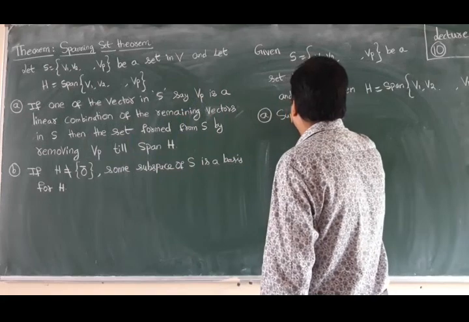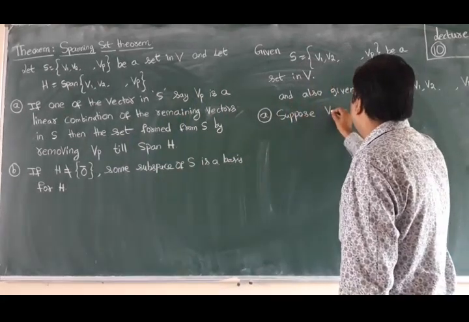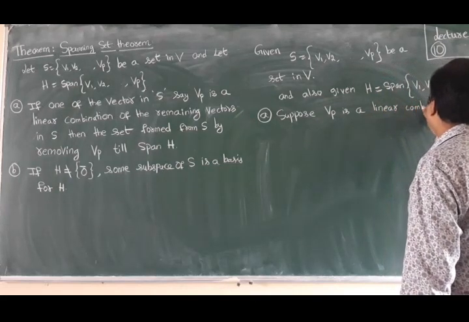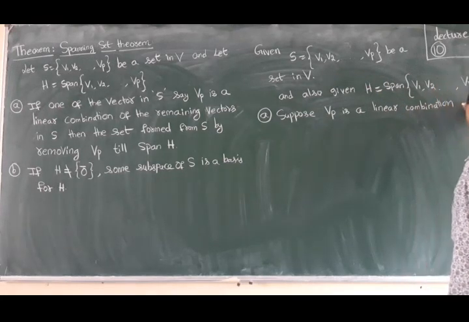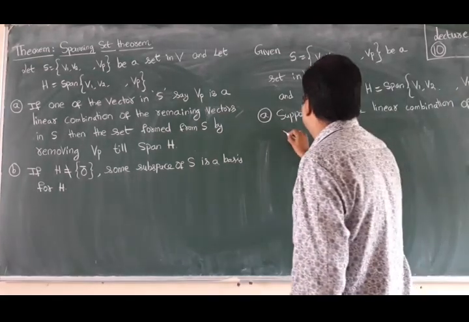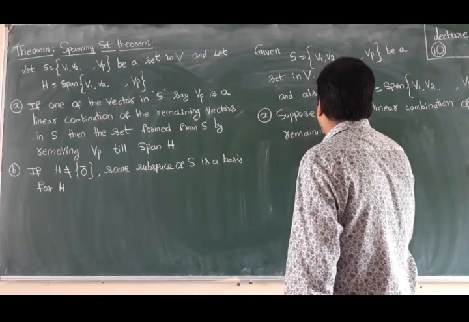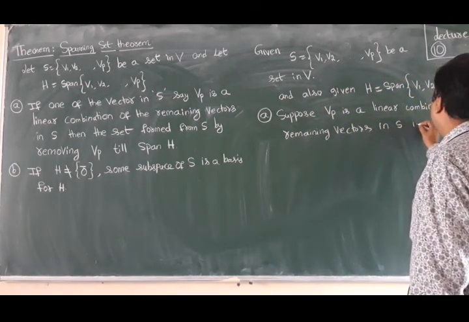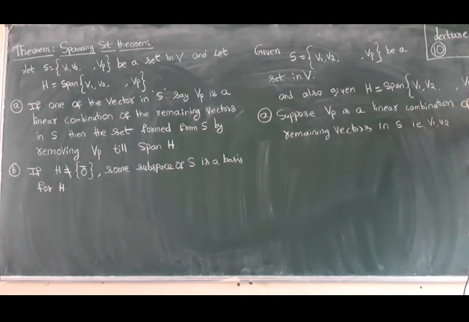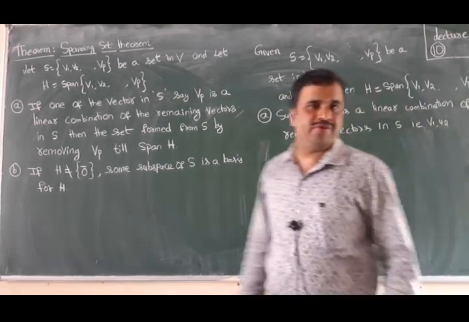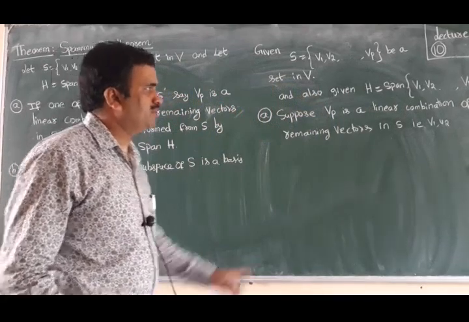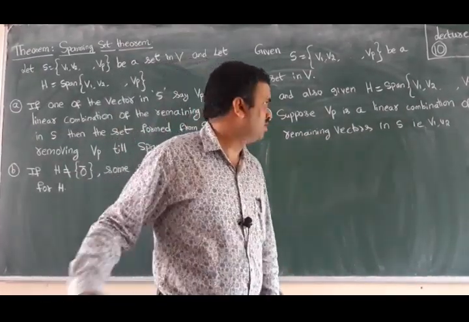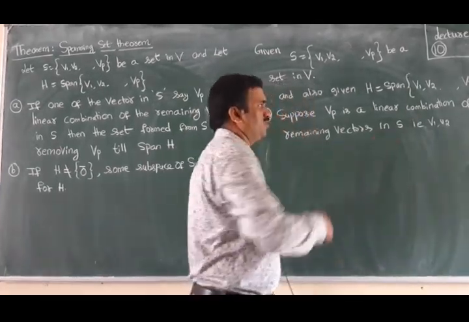Suppose Vp is a linear combination of the remaining vectors in S, that is V1, V2, so on, Vp minus 1.